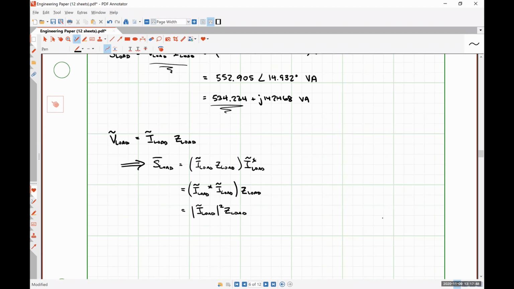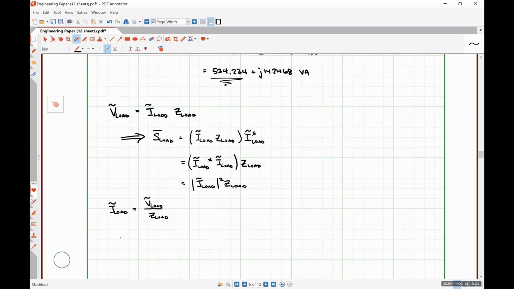We can do a similar thing by noting that I load is equal to V load over Z load, right? So that would mean S load is V load times V load over Z load, conjugated.